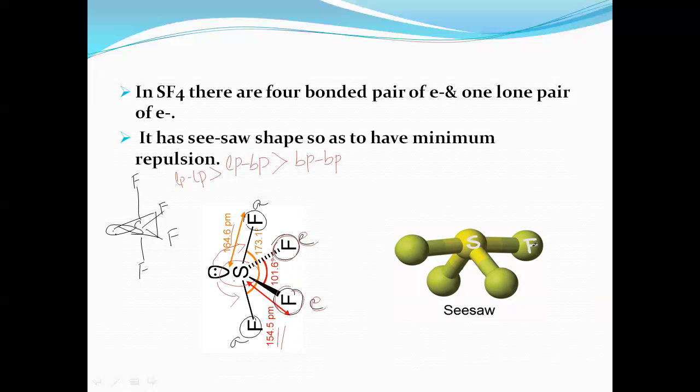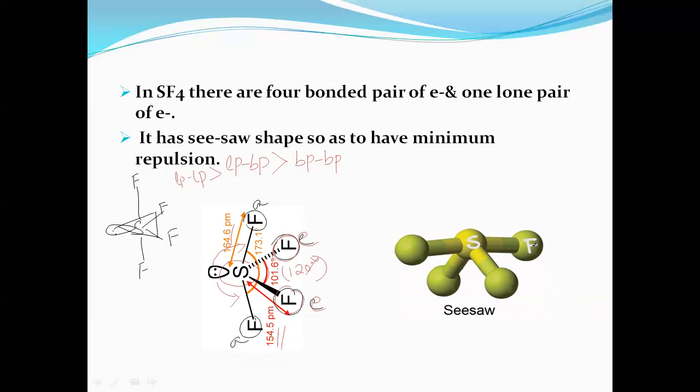As a result, the angle between these two equatorial fluorines, which is supposed to be 120 here, is now reduced to 101.6.